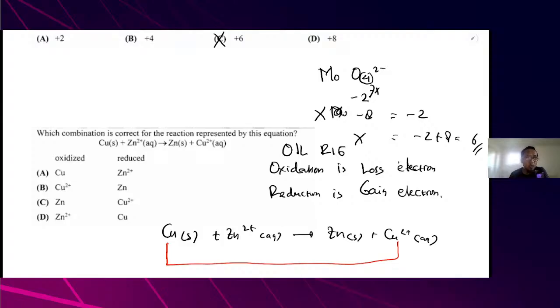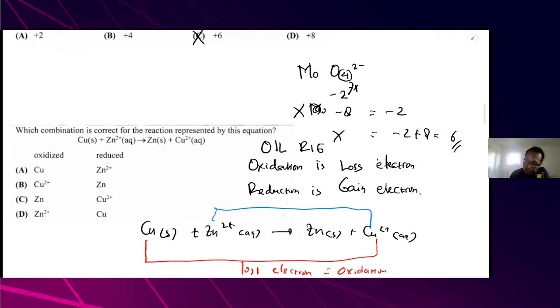From neutral, it went from 0 to plus 2, which is a loss of electrons, so this one is oxidation. On the other hand, Co 2 plus went from 2 to 0, which is a gain of electrons, so this one is reduction.